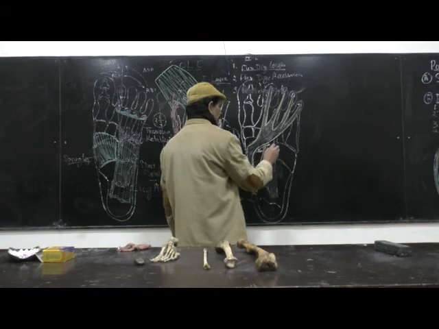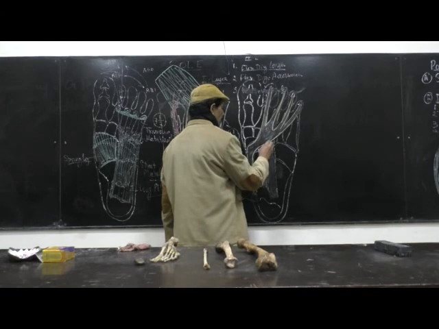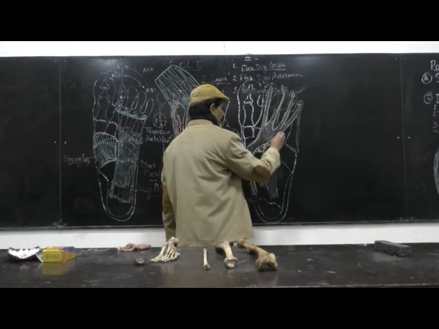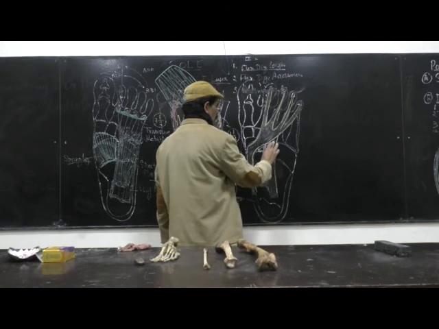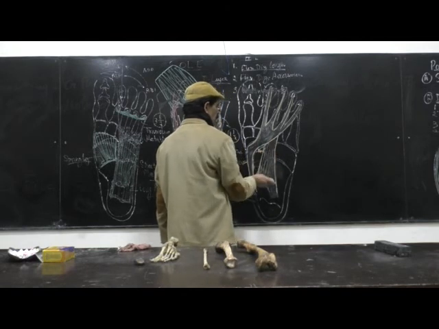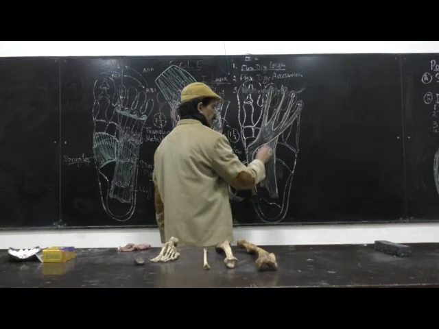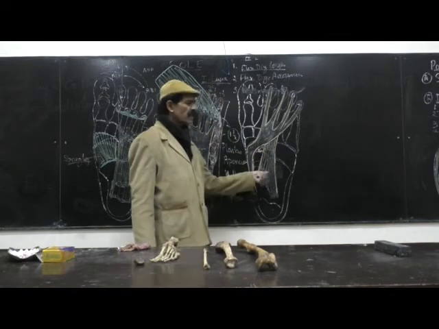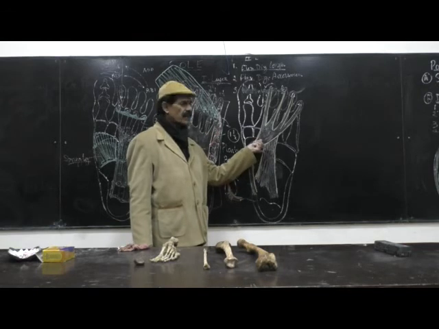Both the lateral and the medial parts of the muscle are inserted over the lateral border of the tendon of the flexor digitorum longus. So muscle is inserting over the tendon, that is to be noted. The tendon of one muscle is inserting on the tendon of another muscle.